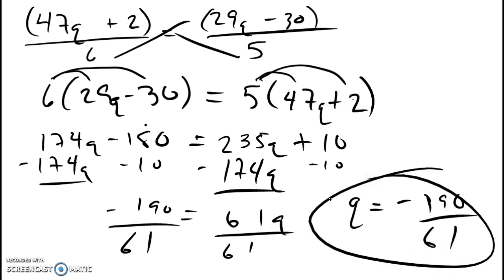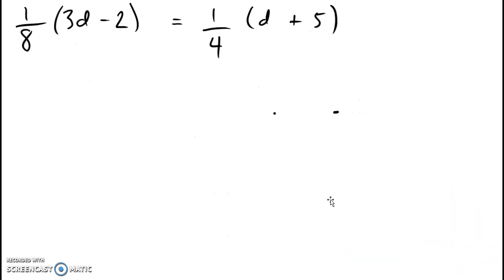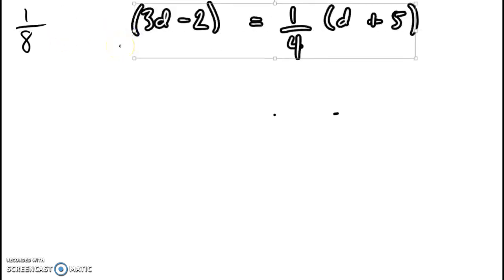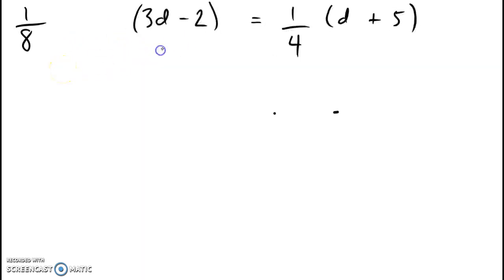That was a doozy. Let's go ahead and look at this next one, which isn't as difficult. I'm just going to distribute the 1/8. Sorry about that. Let me see if I can move it back over. And I can't, so I'm just going to rewrite it. 1/8, keeping in mind that there is a 1 in the bottom.